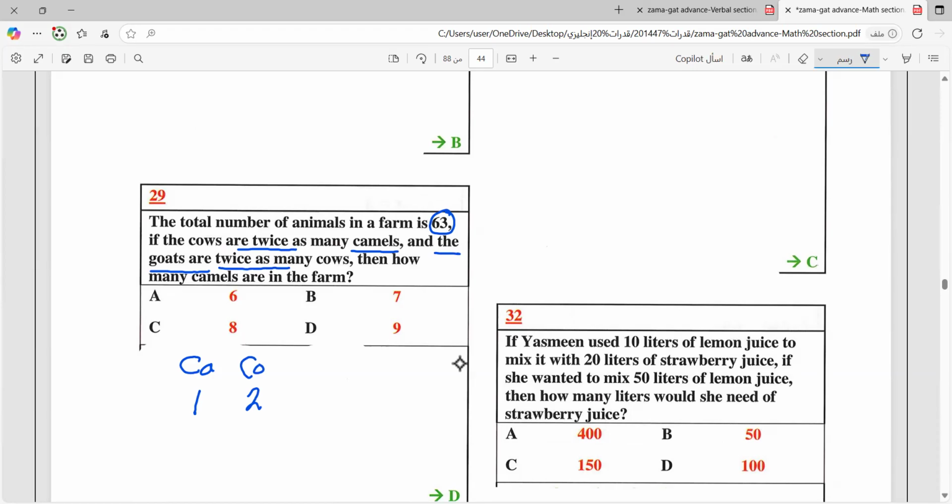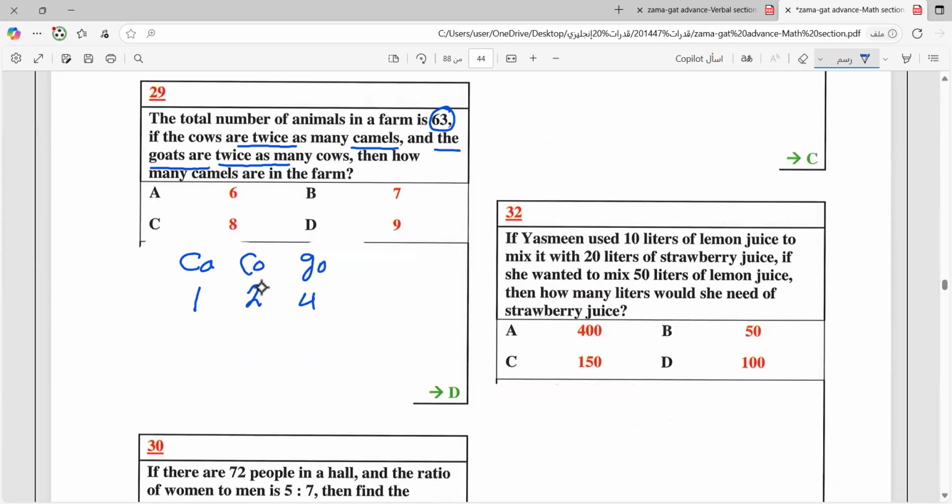And the goats are twice as many as cows, so the goats will be 4. We add this ratio, then we divide to find one part now. So 63 divided by the sum of the ratio, which is 7. 63 divided by 7 is 9.